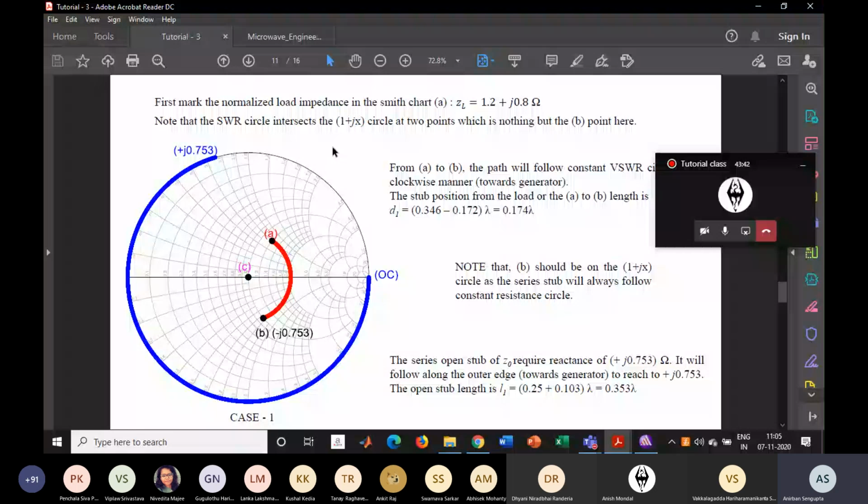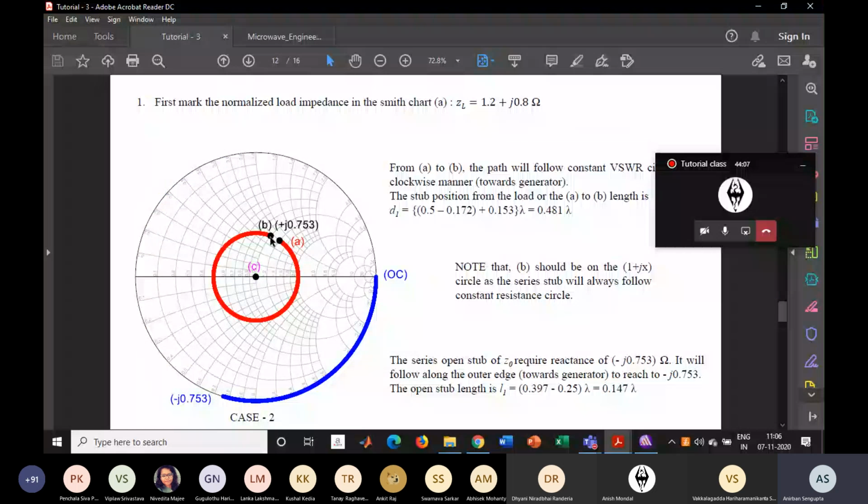At first, if you take the other intersection point of this VSWR circle with the 1 plus jx circle, then what will be the design equations? So this is like that. Now here the second point is considered. The first point was here, the first intersection point was here on 1 plus jx.